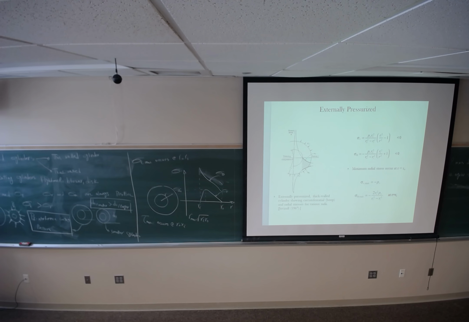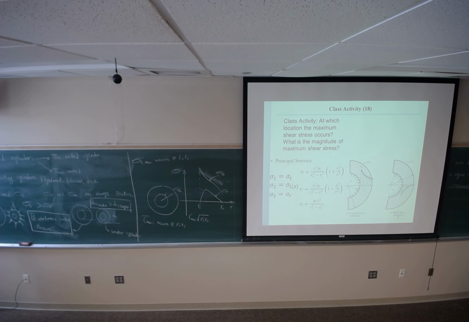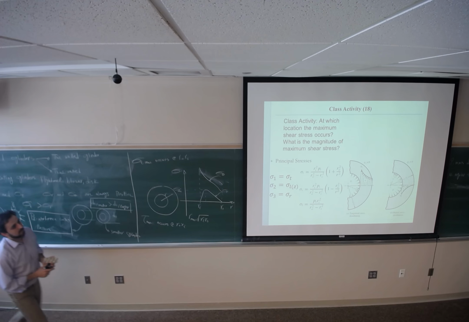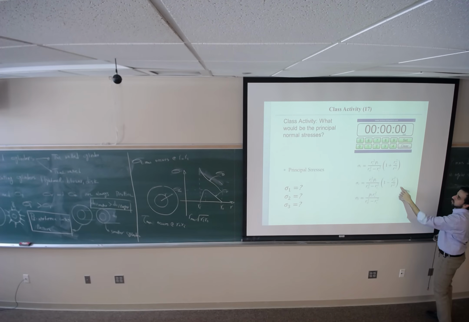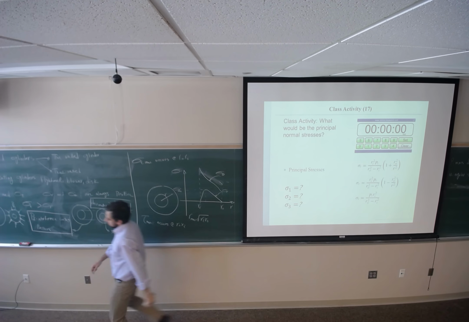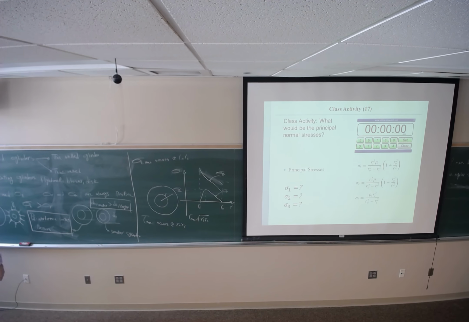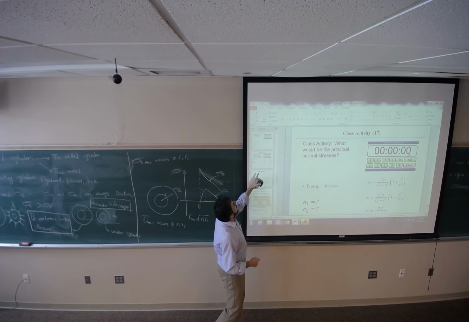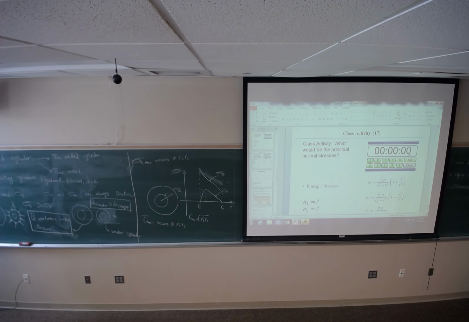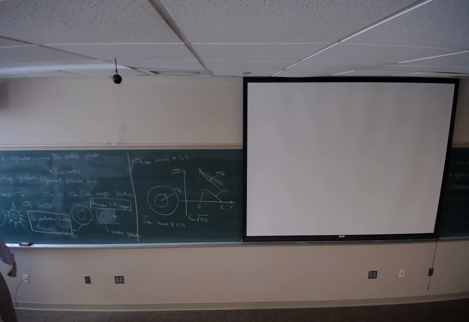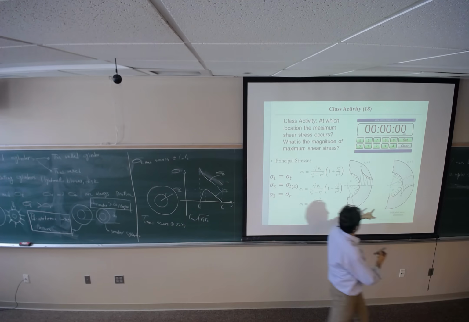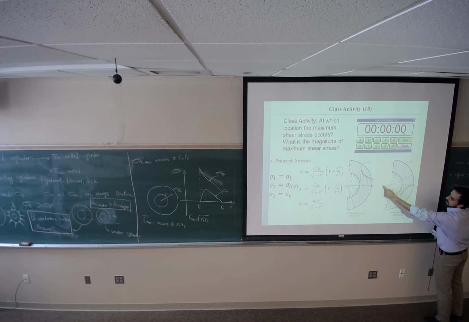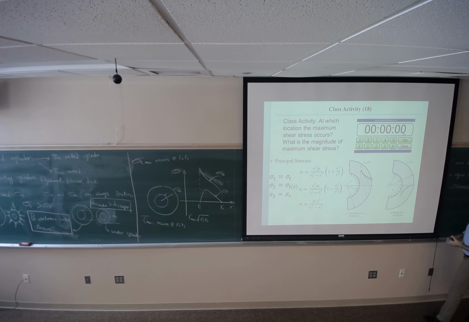And for this one, when it's under internal pressure, the maximum radial stress is going to occur at the inner radius, which is equal to negative PO.